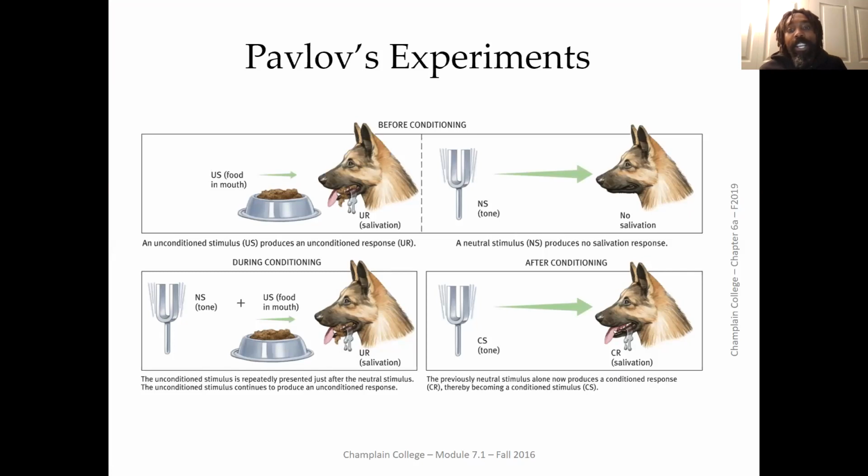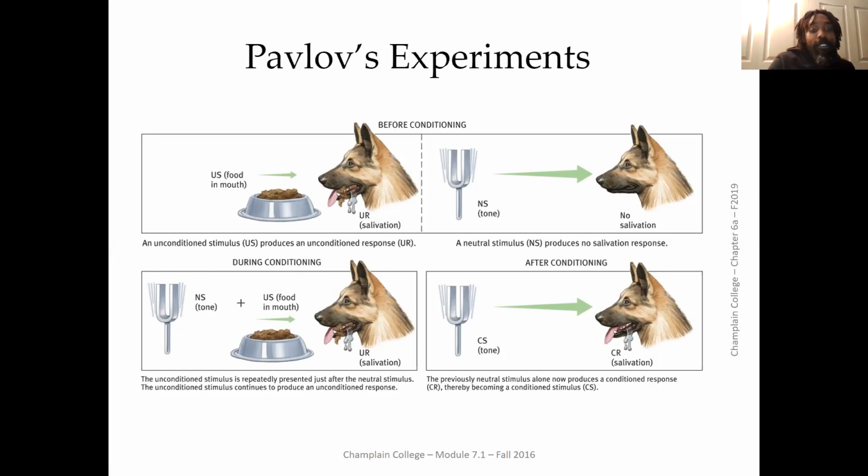And that's what's important. They would create the tone with the tuning fork, or if you want to use the bell there, they would present the neutral stimulus, which was the tuning fork or the bell. After that, they would present the unconditioned stimulus, which was the food. And then the unconditioned response would occur, which is salivation. By repeating that pattern over and over, as we said before, we learn or put things together sequentially.